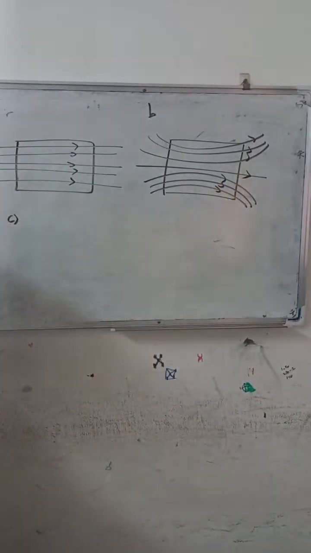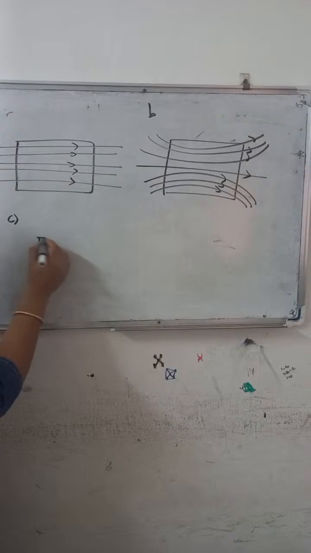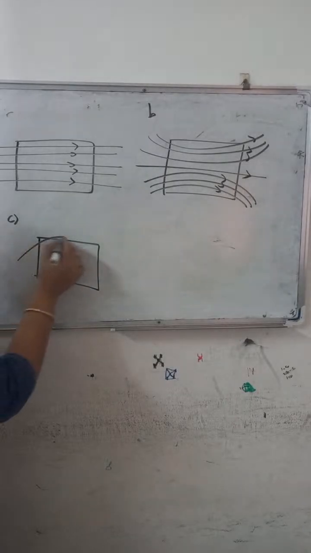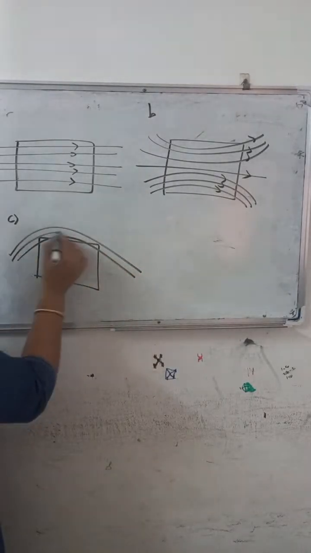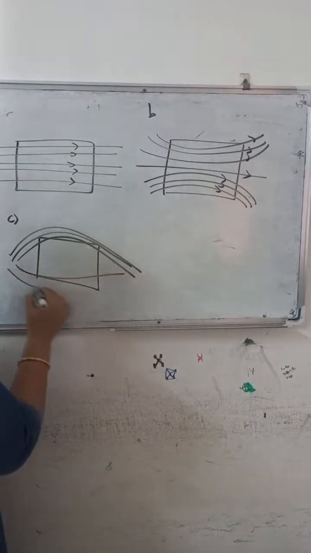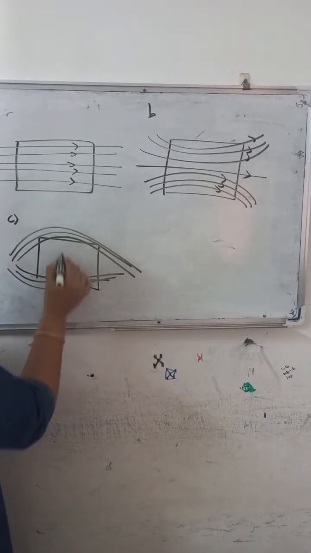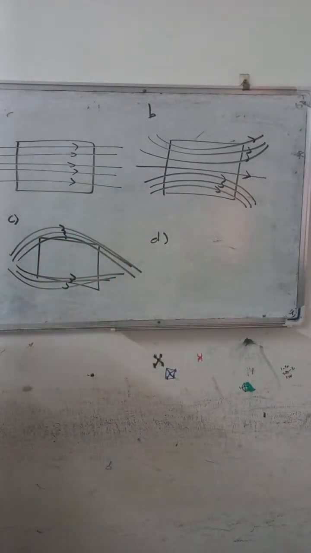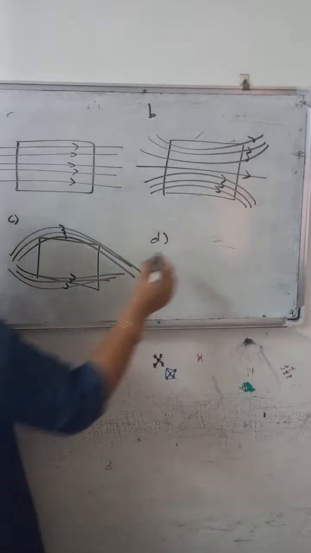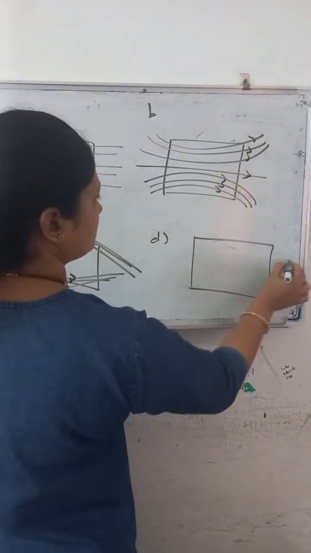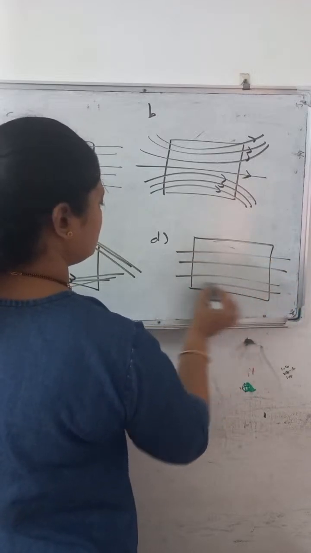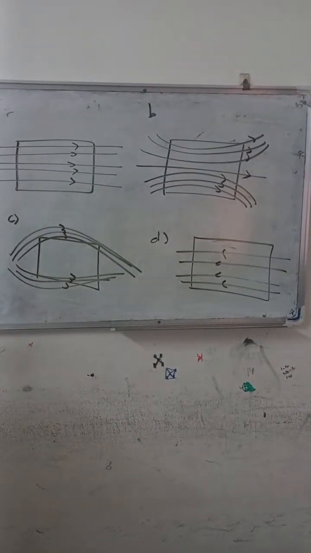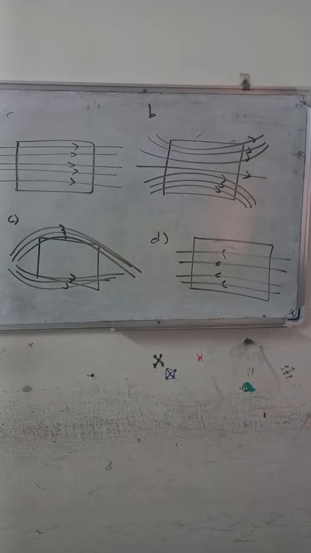Then option C we have, okay, and option D we have, okay. So these are the 4 figures, options are given.